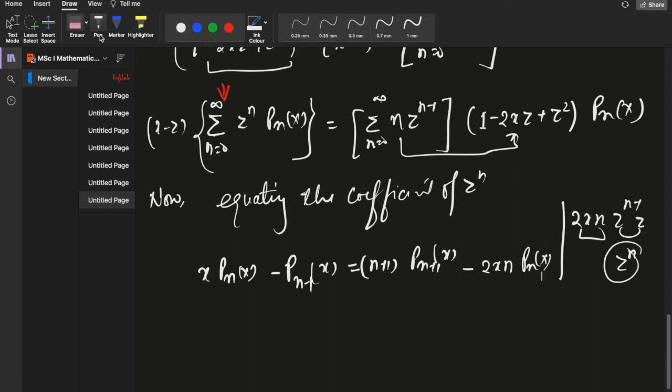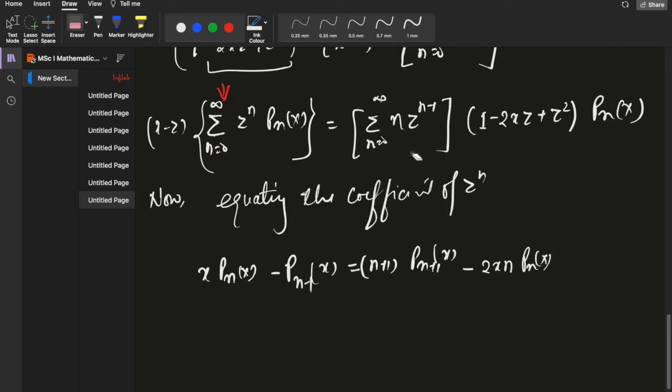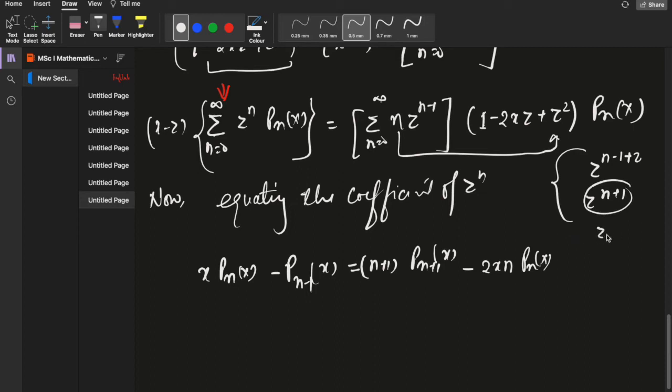Now for the third term, if I multiply this series with this term, look at it. z to the power n minus 1 plus 2 from here will give me z to the power n plus 1. But I want z to the power n. z to the power n will be available when n is equal to n minus 1.